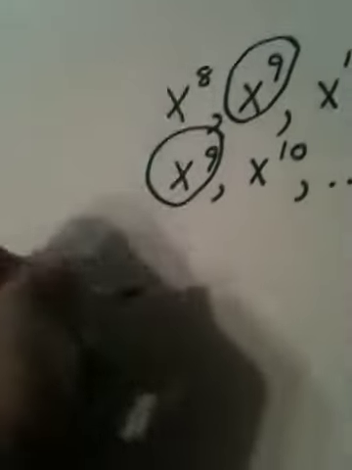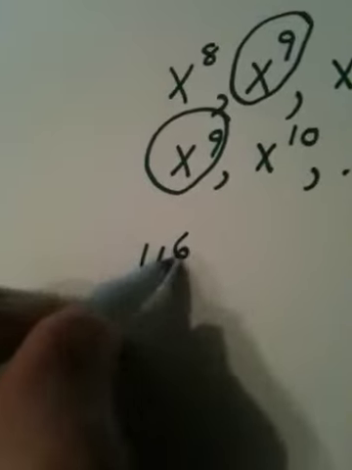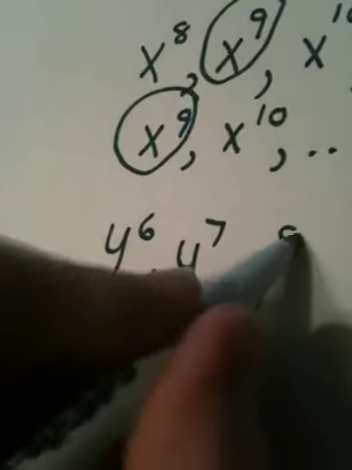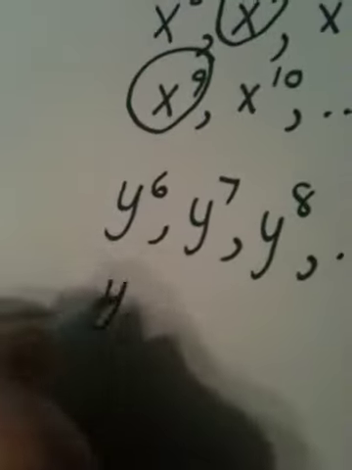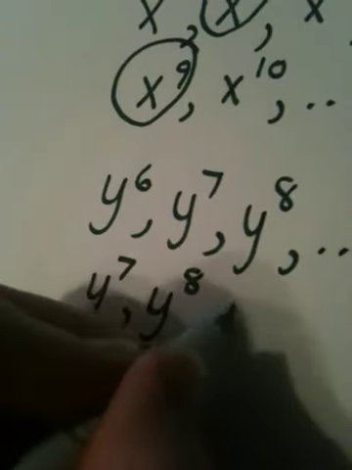And how about y to the 6th and y to the 7th? Well, come on down here. The multiples of y to the 6th would be y to the 6th, y to the 7th, y to the 8th, and so on. The multiples of y to the 7th would start with y to the 7th, the next one would be y to the 8th, y to the 9th, and so on.